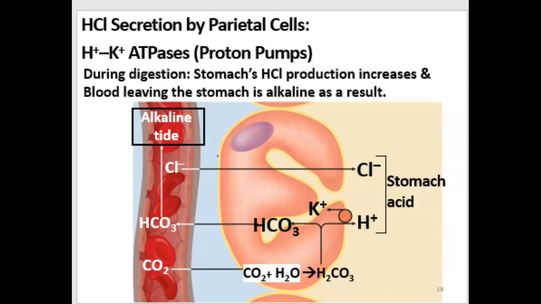And that pump is called a hydrogen potassium ATPase, or we could just call it a proton pump. That would be okay, because what it does is it pumps protons, also called hydrogen ions, into the stomach lumen. It does so in exchange for potassium, because those are both two cations.